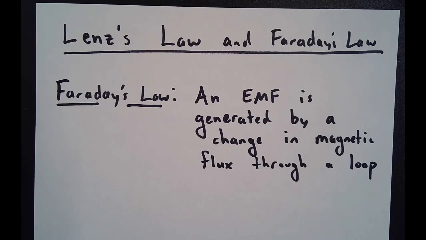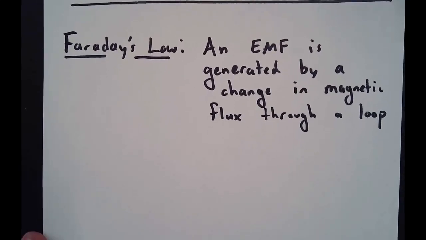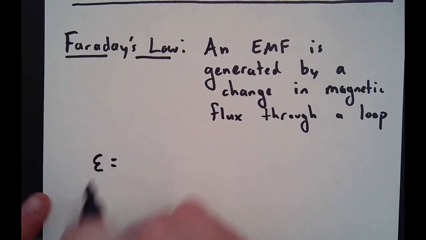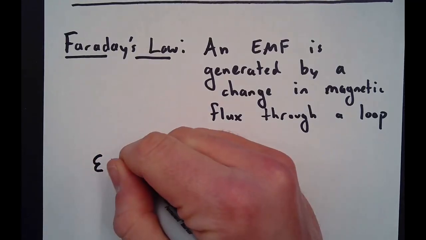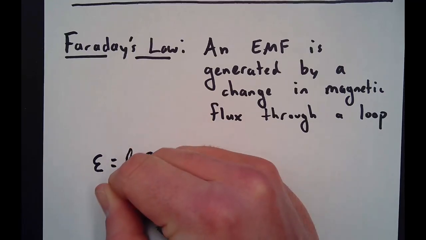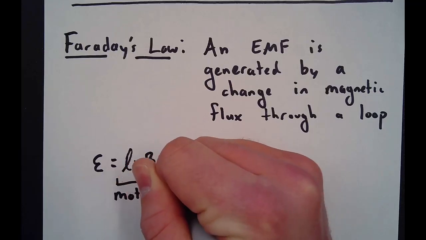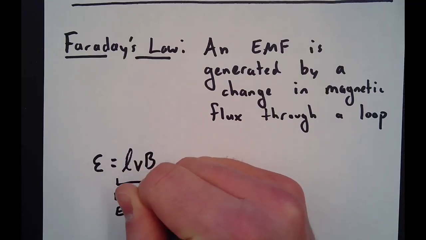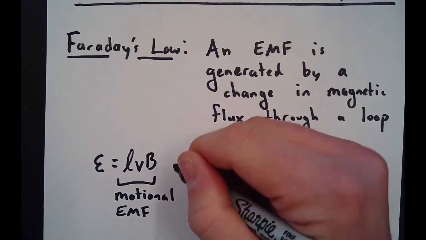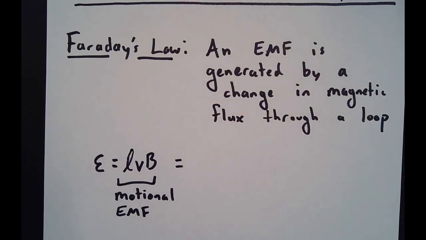First, I want to derive a general expression for this. So if we start with the result we got for a motional EMF, and we think about how much extra area we're going to add on to that.